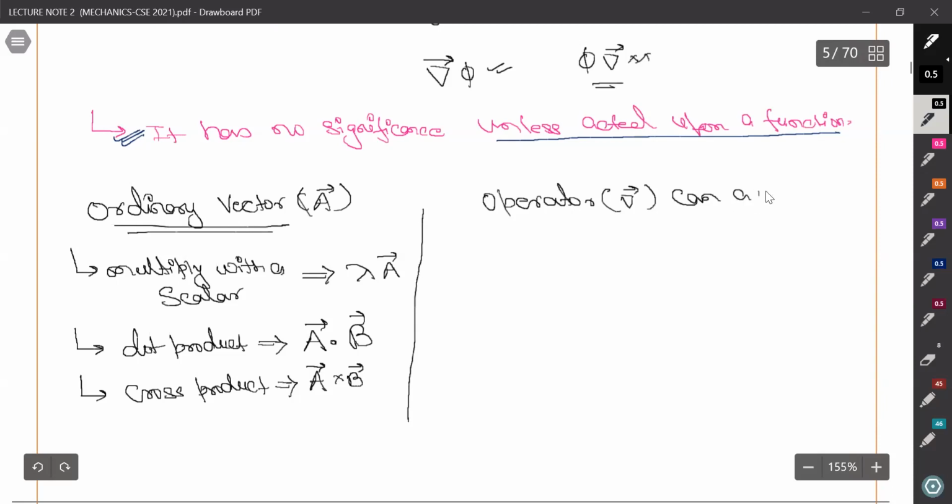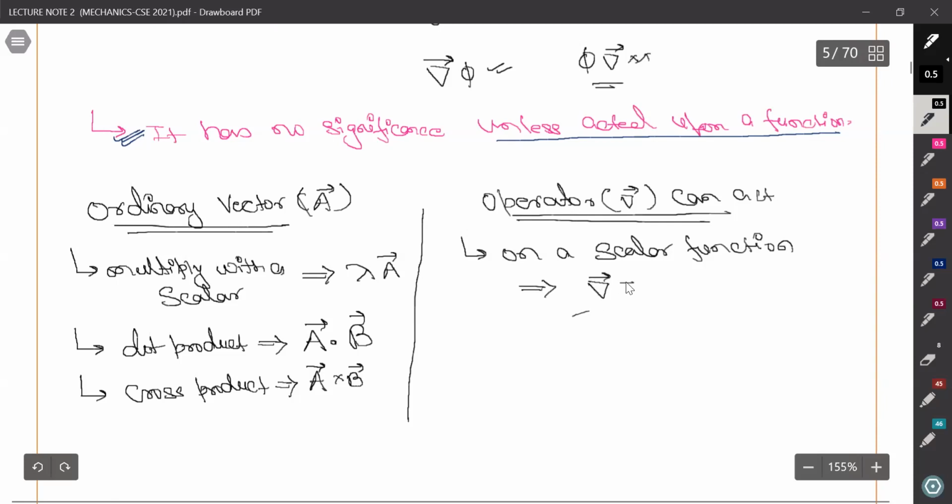How can it act? First, it can act on a scalar function, for example, this T, and this we call gradient.